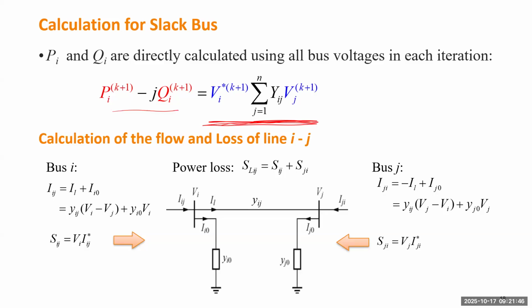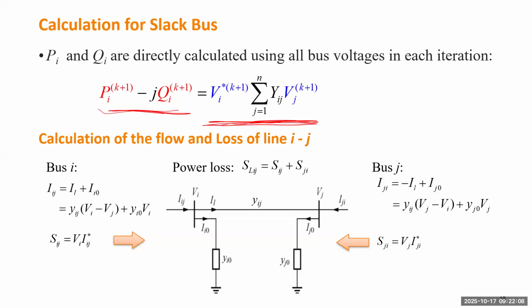So basically you don't need to involve the slack bus during iteration. You just iterate on PQ buses and PV buses, and when you have calculated all the voltage phasors, in the last step you calculate the slack bus. So the slack bus just determines the P and Q to maintain the power balance of the entire system.